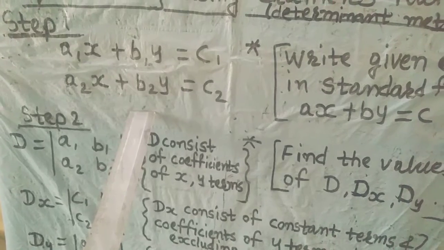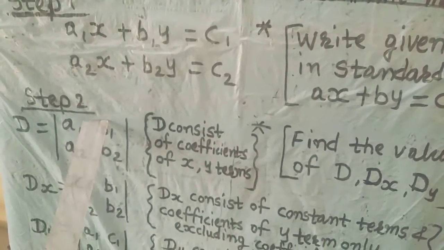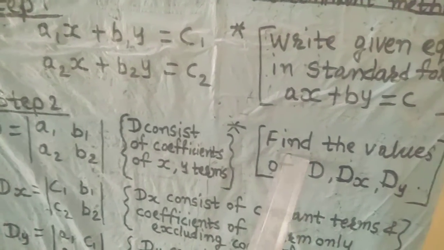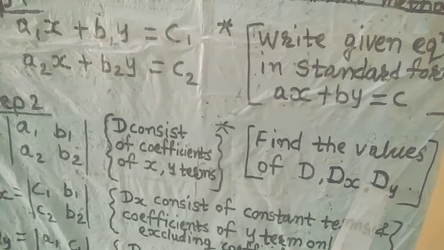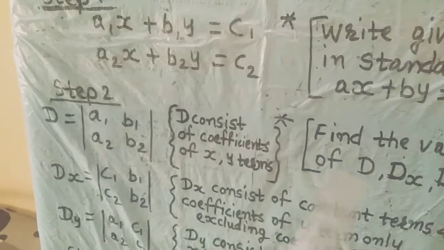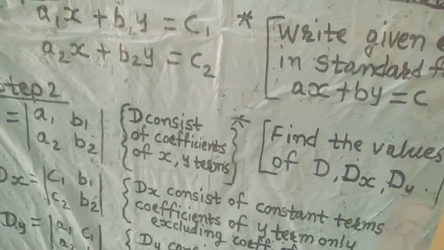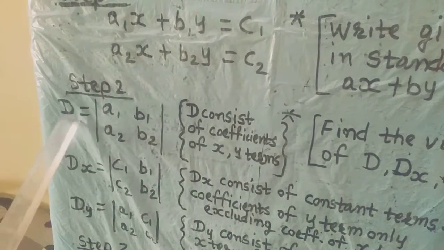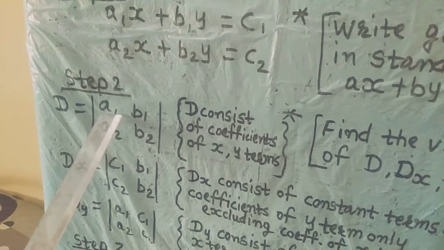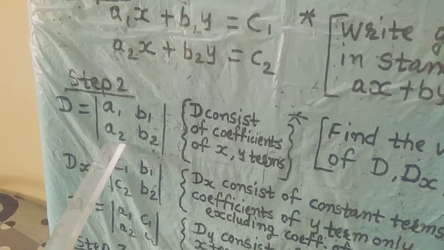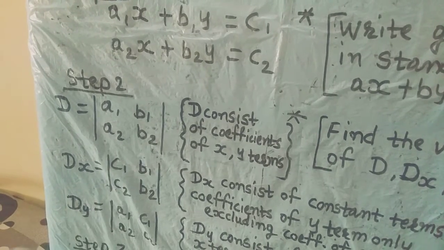Write in standard form. Then the second step is to find the values of D, Dx and Dy. D stands for determinant. D is equal to a1, b1, a2, b2.